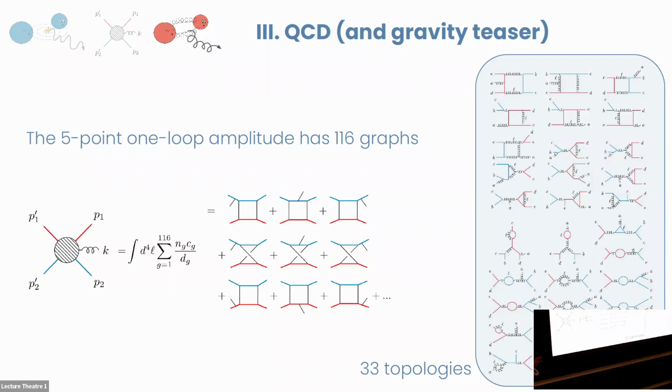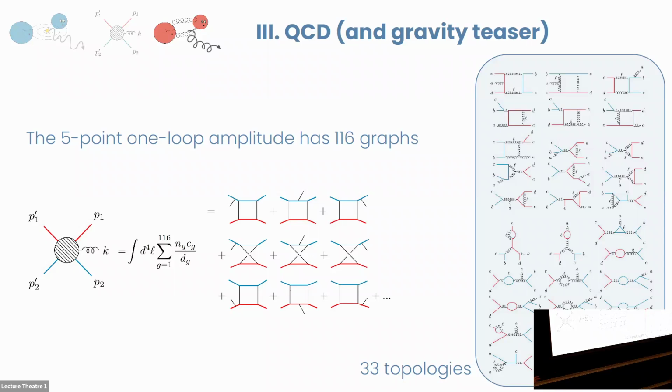In fact, if you write down all the graphs, there are 116. And for those of you who care, there are 33 different topologies. And then the graphs are different relabelings of these. Of course, we don't care about all the 116 graphs, but it's a large integrand to start with.